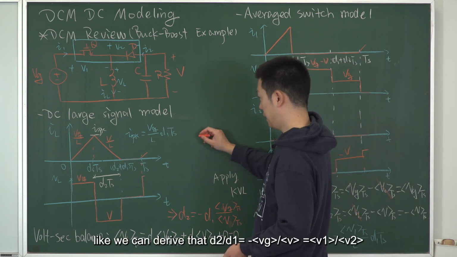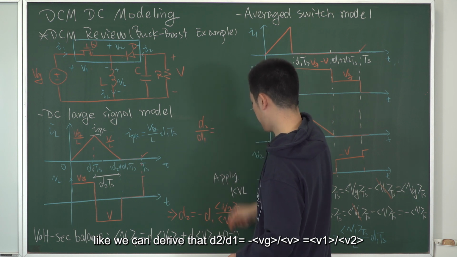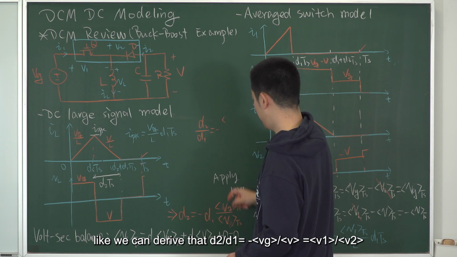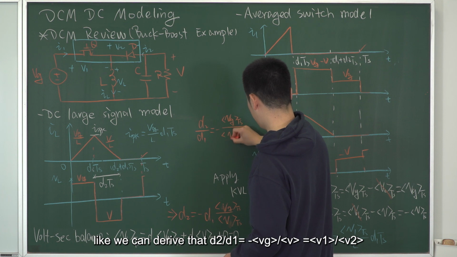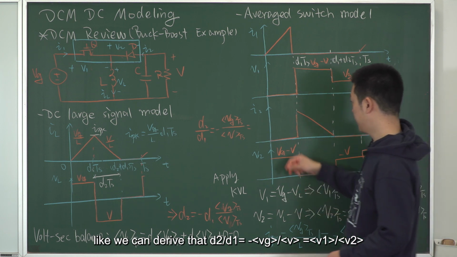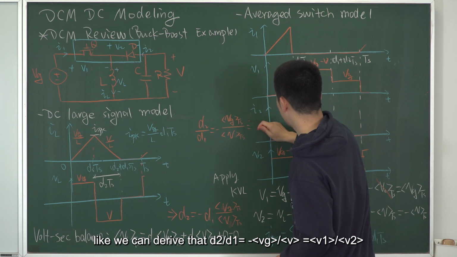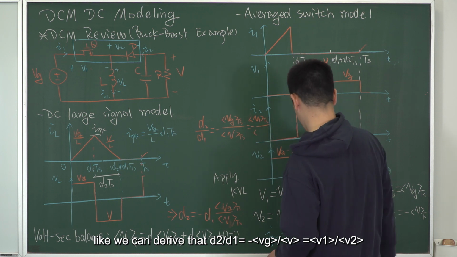So we can derive that D2 over D1 equals minus Vg over V, which equals minus average V1 divided by average V2.